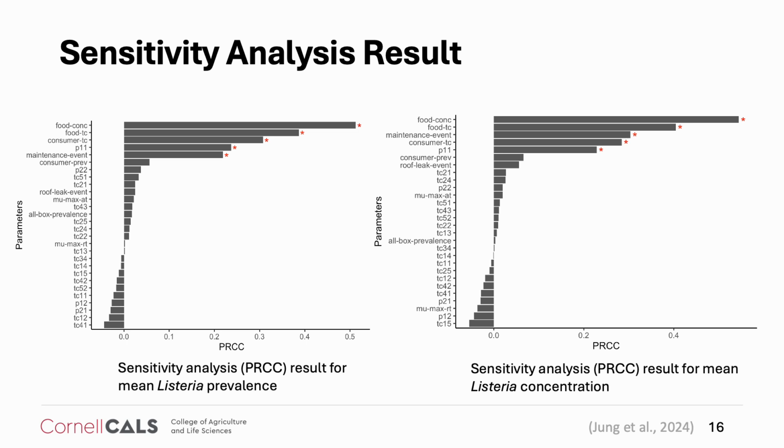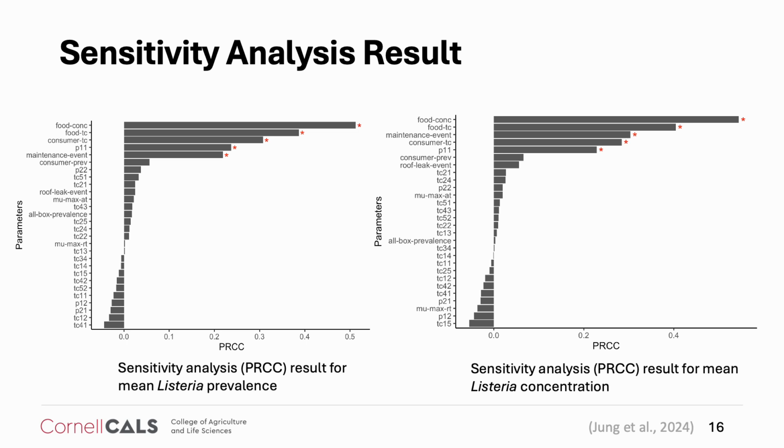The same parameters were identified as top parameters affecting the overall Listeria concentration on the right figure in the produce section of the retail store. However, some of them had different orders, but the top 2 parameters still remain the same.